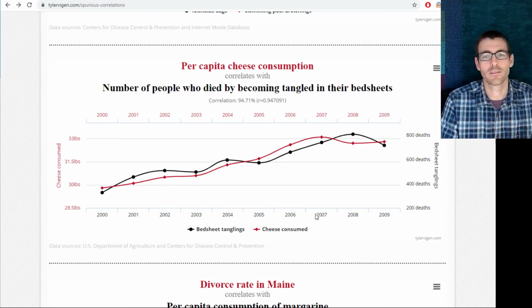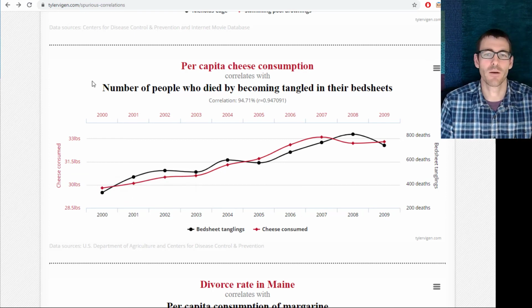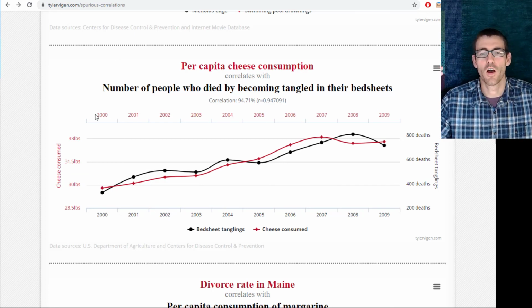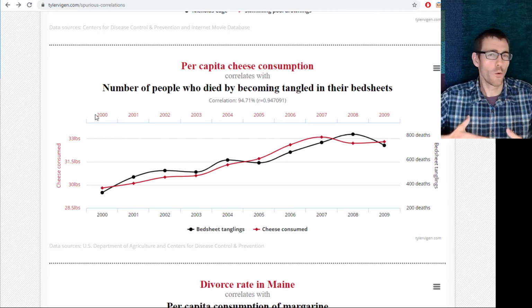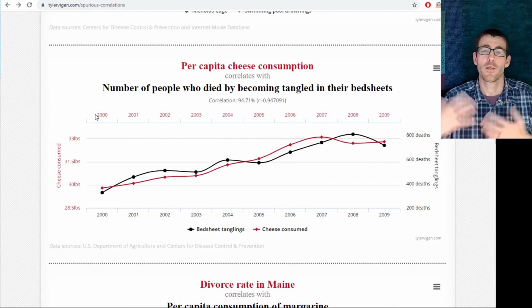So to illustrate this, Tyler Vigen came up with this website called Spurious Correlations, which uses a computer algorithm to find totally unrelated ideas that happen to line up pretty well.